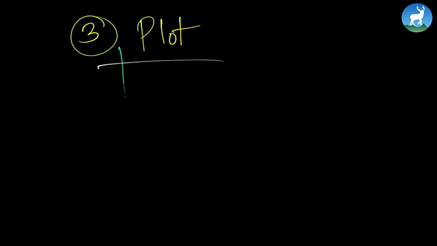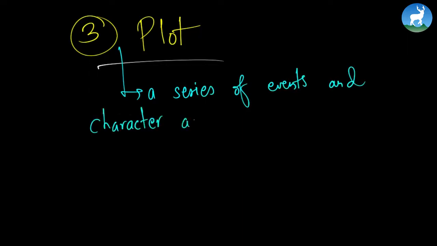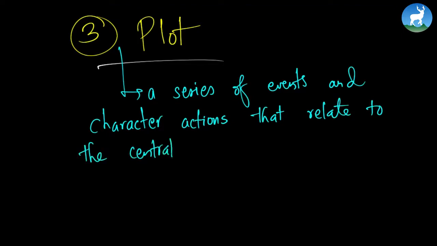What's a plot? A plot is a series of events and character actions that relate to the central conflict. You see, there has to be some kind of central conflict, and plot is what relates to it.